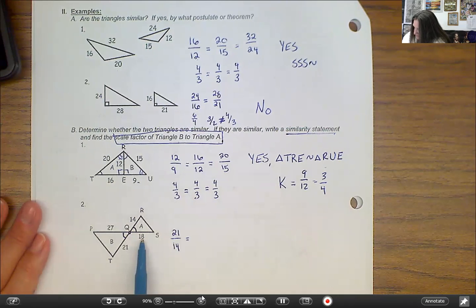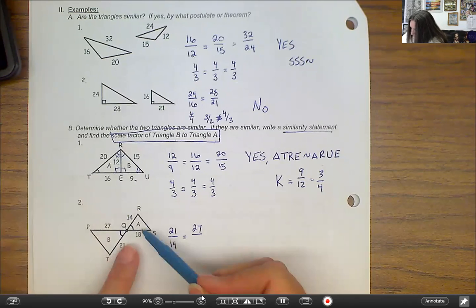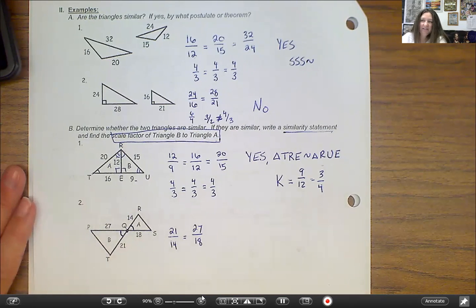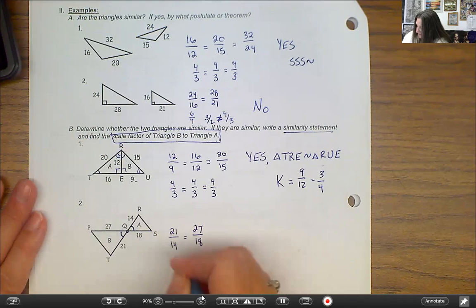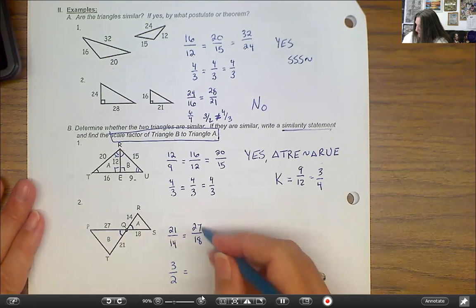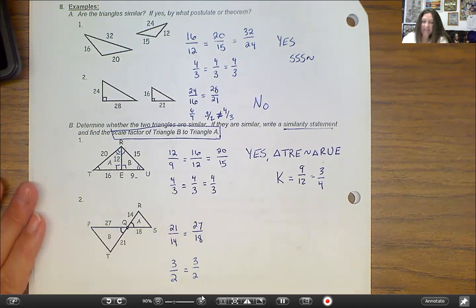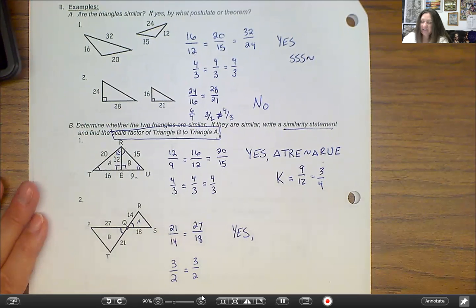Then the largest side of this triangle was 27, which matches up with the larger side over here at 18. To test those scale factors, see if they reduce to the same value. These divide by 7, so we should get 3/2. These divide by 9, and we get 3/2, the same scale factor. So yes, these are also going to be similar.